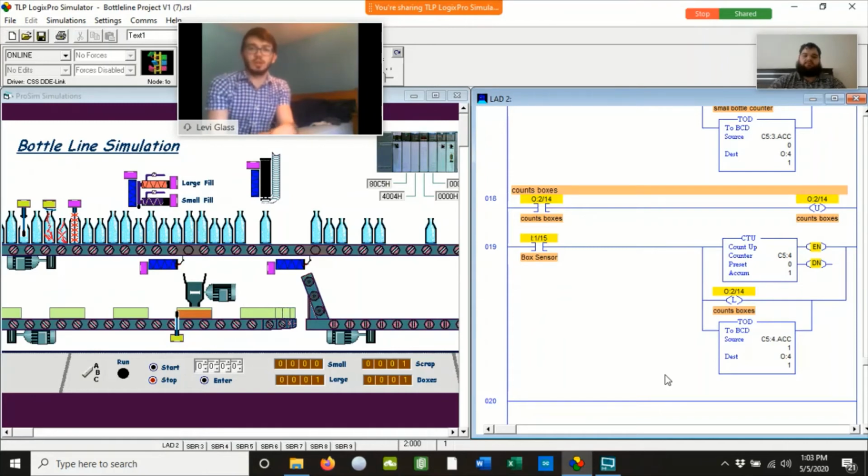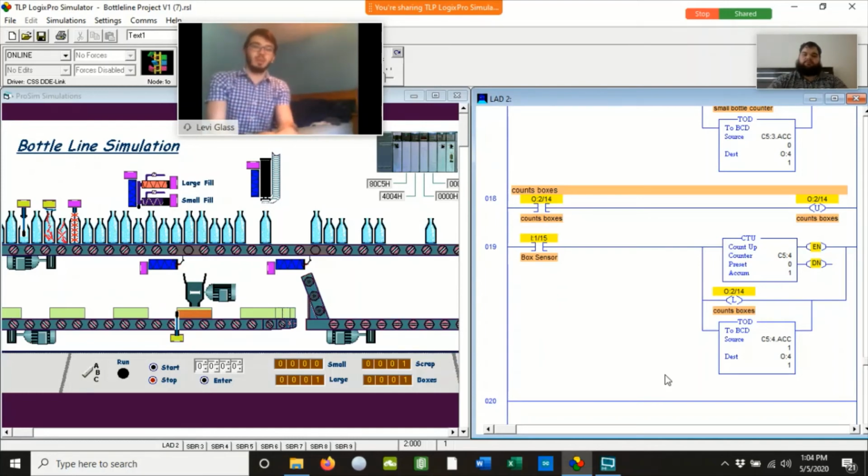It also activates a counter with a preset, which the accumulated value of that counter goes to the TOD command, which raises it up every single time. And as soon as that rung goes through, it also unlatches at rung 18. We were having a little bit of trouble understanding exactly how this works ourselves, but we do know that for the box counter, it has been working.